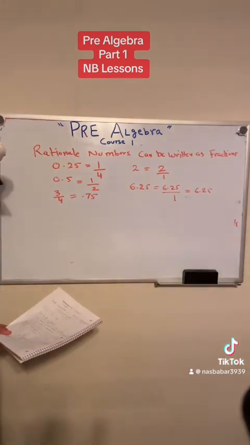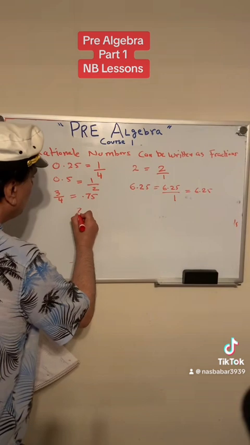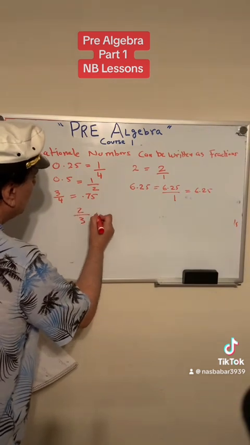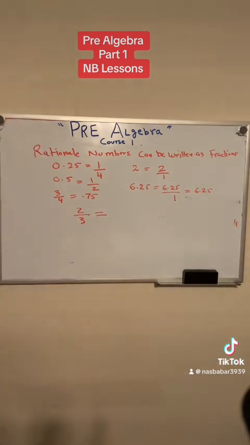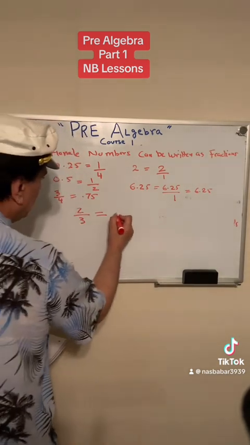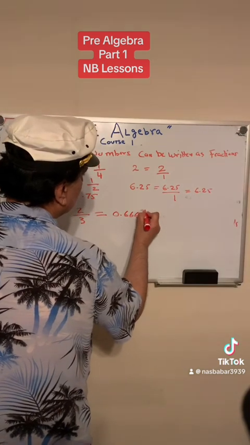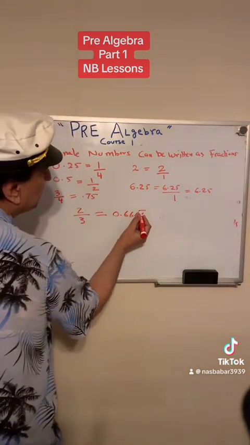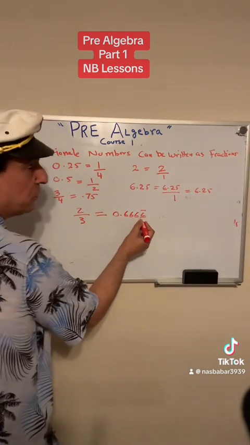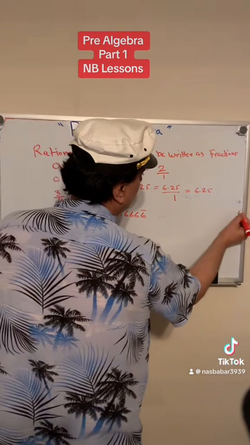Let's say we look at 2/3. Is it a rational number? Let's look at it. If you divide 2 by 3, you get 0.6666, and this number keeps on repeating. This dash on top of the 6 demonstrates that the series of 6 is infinite.